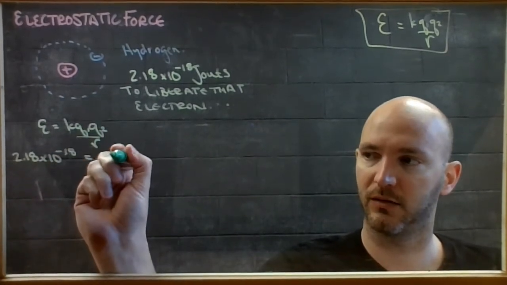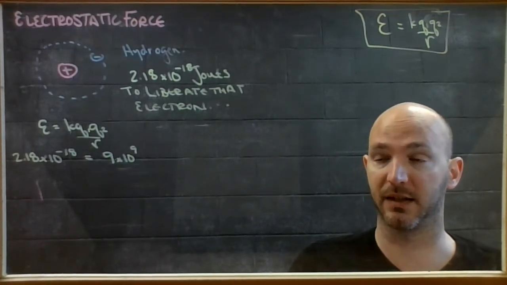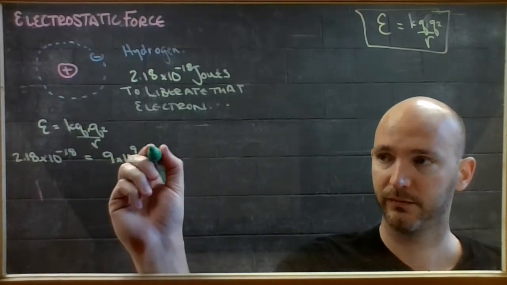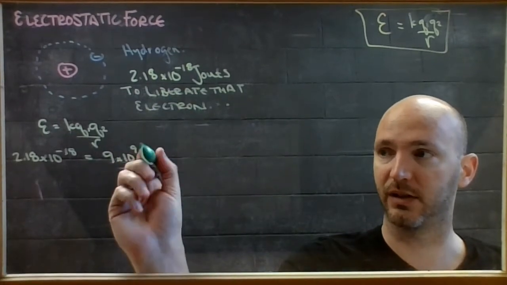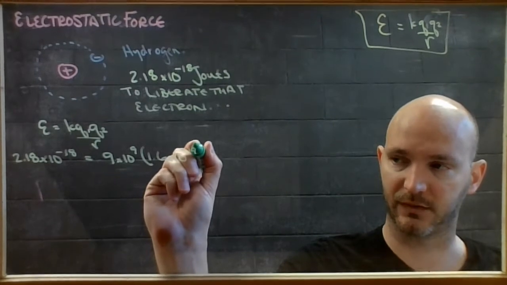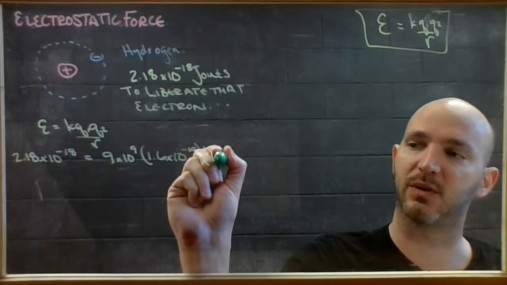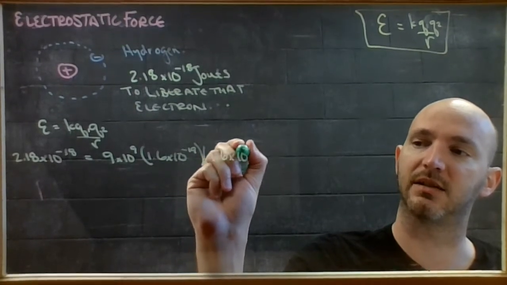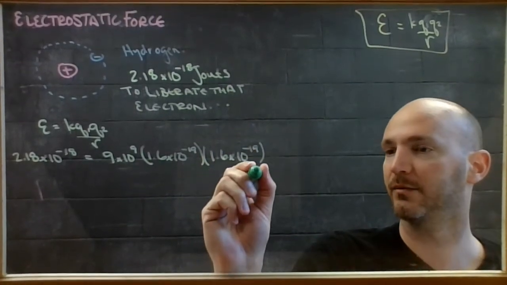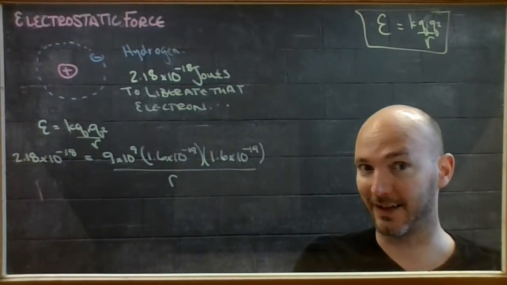K, for our intent and purpose, will be approximated as 9 times 10 to the 9. The charge on my electron is 1.6 times 10 to the negative 19 coulombs. My charge on the proton is 1.6 times 10 to the negative 19. And I do not know their separation yet.